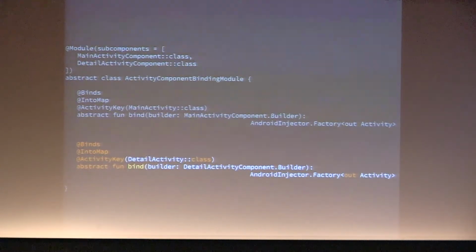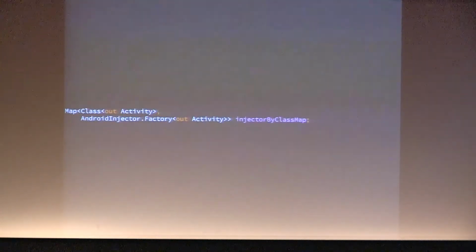And using the multi-binding will allow you to inject a map like this that we saw before. So the key is the class and the value will be your factory. So from an actual instance, you can get the class, and from this class, you will get a factory of something that will inject your instance.